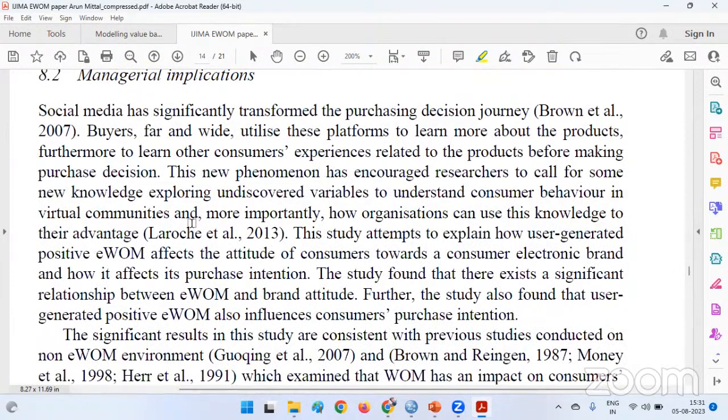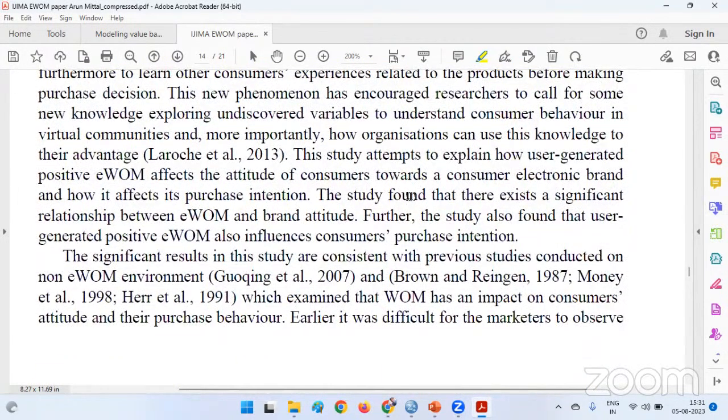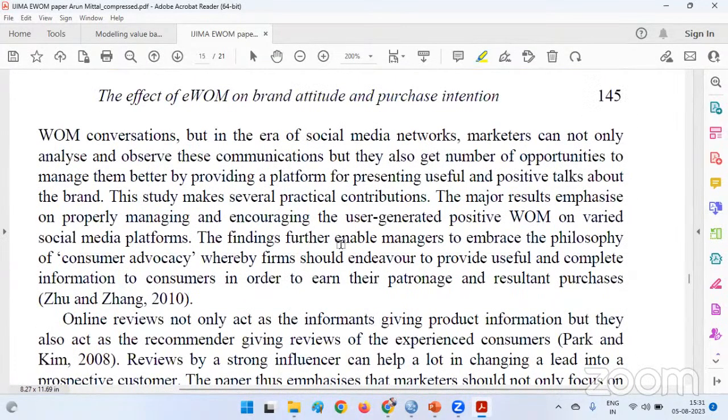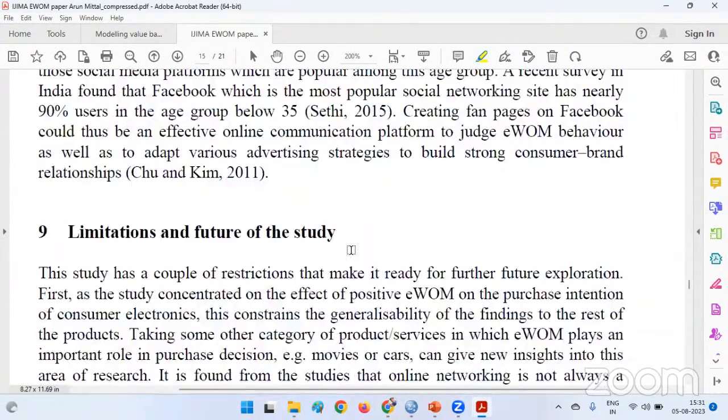In managerial applications, you can see that we have written more. The study found that there exists a significant relation between this. The study found that user-generated EWOM influences customers' purchase intention. So the managers can link their products like that. So these are managerial implications.